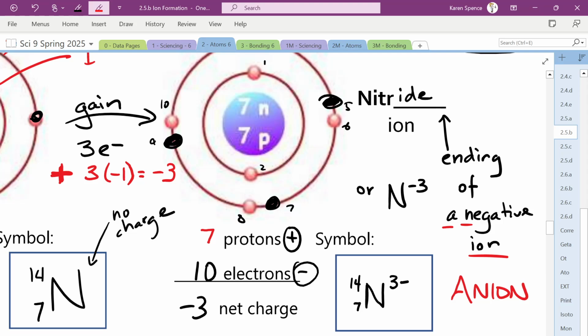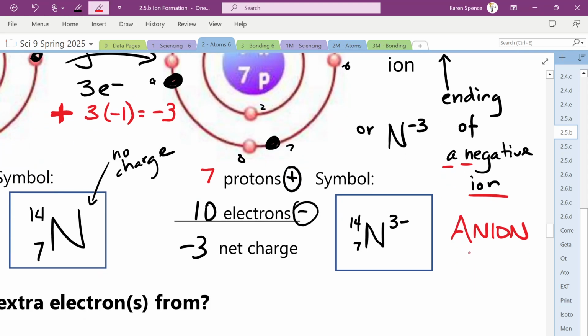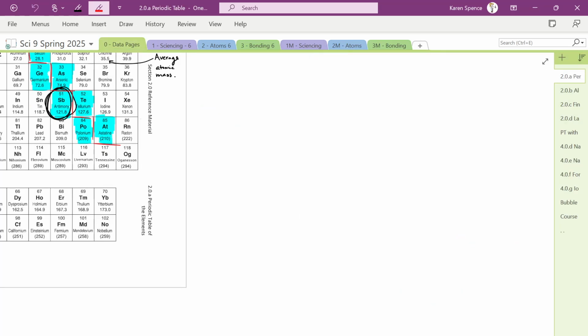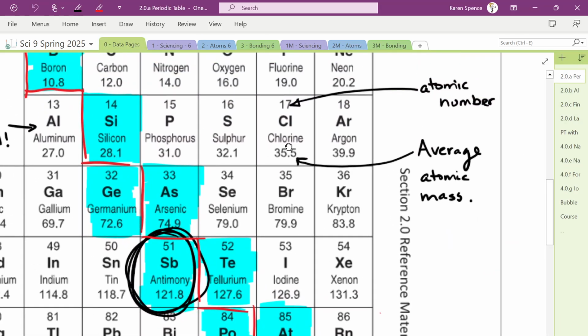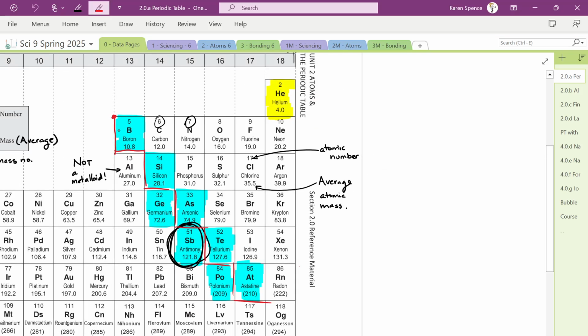What type of element makes anions? Go look up nitrogen. What type of element is nitrogen? Yeah, because remember we've got our staircase, right?